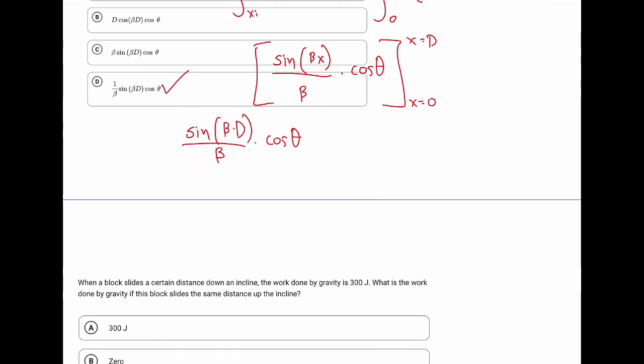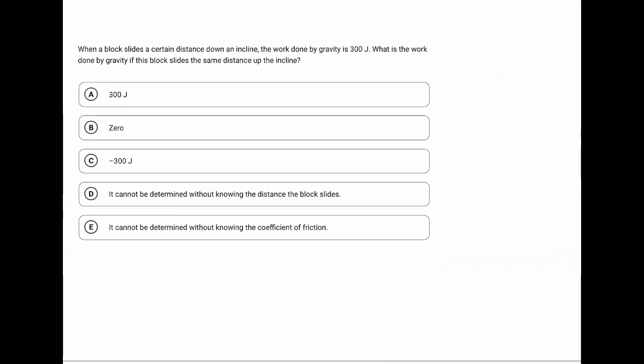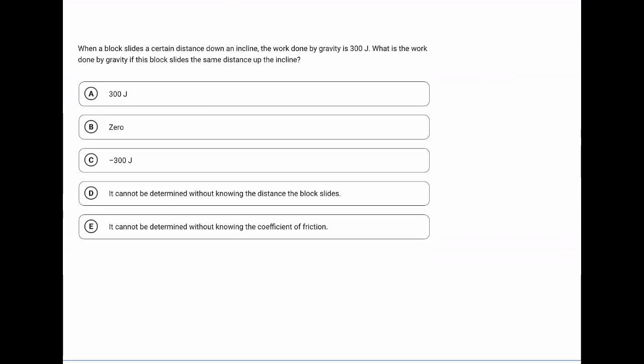We can continue to our next question, which I believe is not going to be so difficult. We see that a block is sliding down on an inclined plane, and the work done by gravity is 300 joules. We need to figure out what will be the work done by gravity if the block was sliding up.